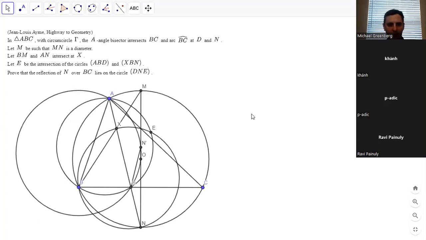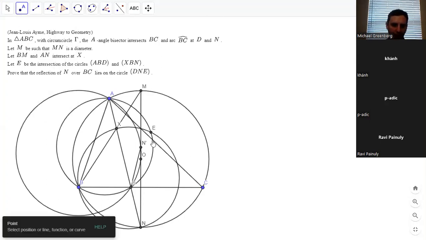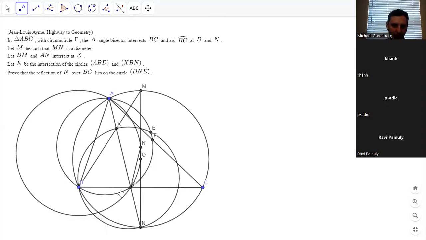So how do we show, what do we know about point E? We know angle BED is A over 2. So it's probably worth drawing this point right here, because we know BD equals DF.